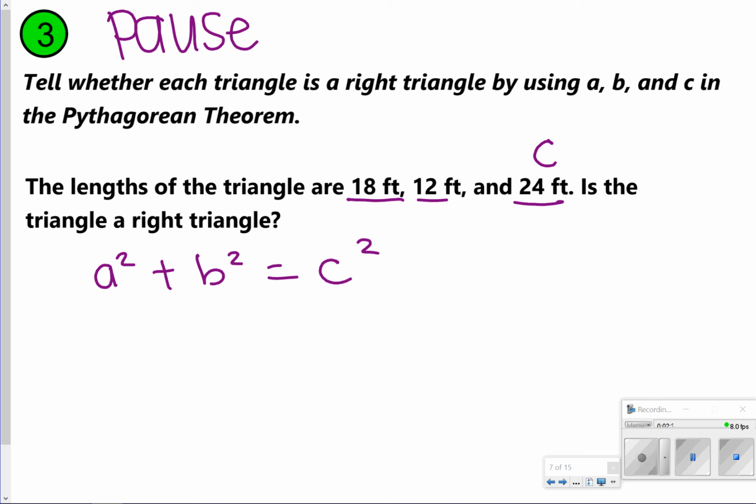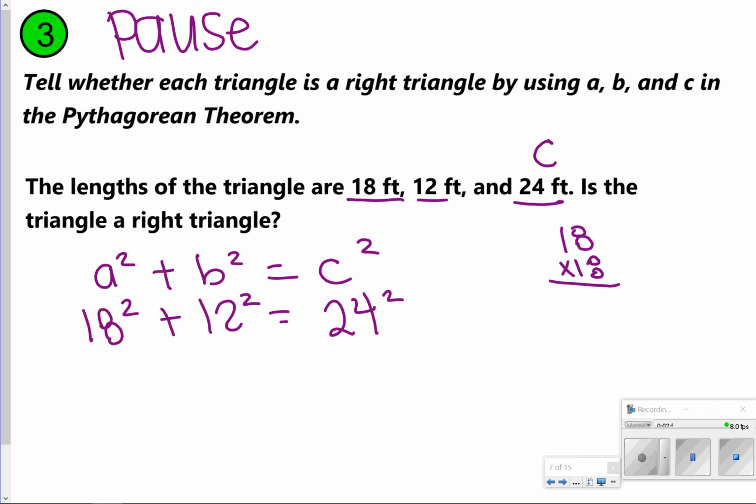Alright, so what I did is I plugged in 18 for A, so 18 squared. B squared, I said 12 squared, and then 24 squared was c squared. Okay, I did have to do some work for 18 times 18. That's going to give me 324.